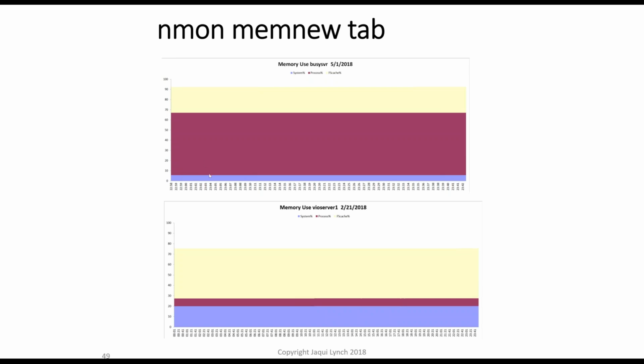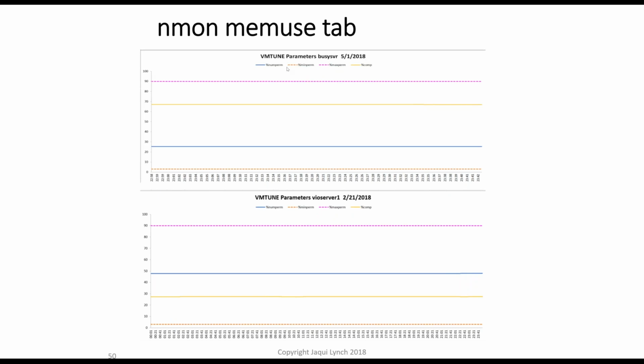The indicator that you're in trouble is when you start to see not enough free memory to be able to run the workloads. This is just showing you the percent computational, and then what my max perm setting is and the min perm.